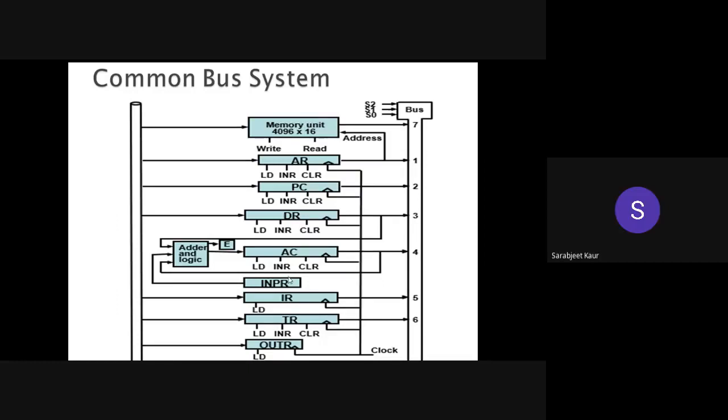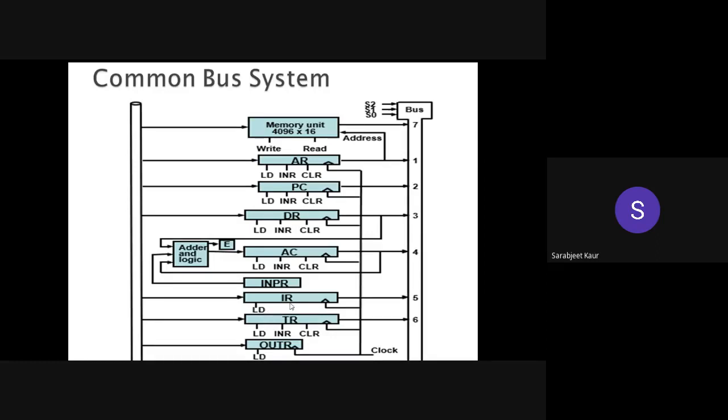Okay, good. Now the other register which does not have the increment and clear control inputs is the instruction register. Even the instruction register only has the load input. Why?